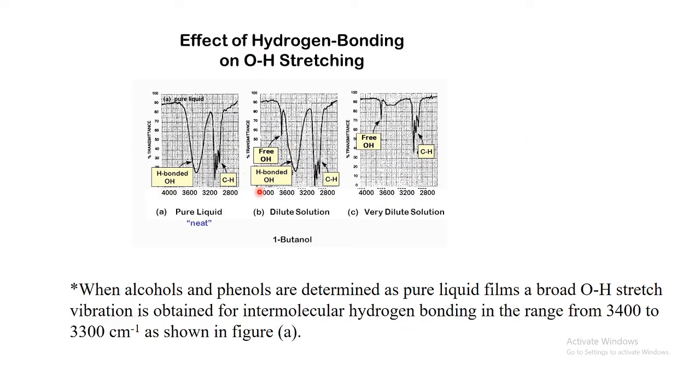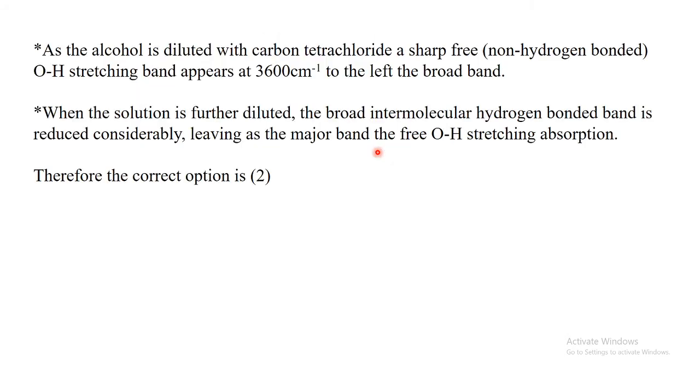So if we keep on diluting the solution, we can observe that the characteristic broad peak for hydrogen bonded OH stretching absorption, which appears around 3400 to 3300 cm inverse, completely diminishes in the very dilute solution, and we are left with an OH stretching absorption peak at around 3600 cm inverse, which is characteristic of free OH stretching absorption frequency.